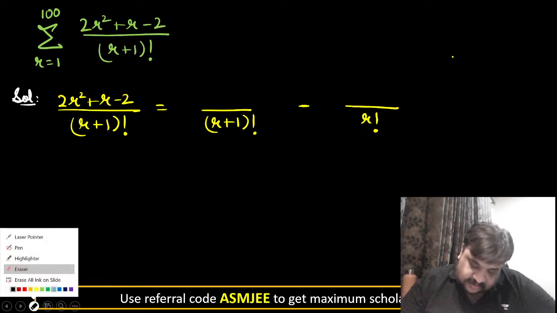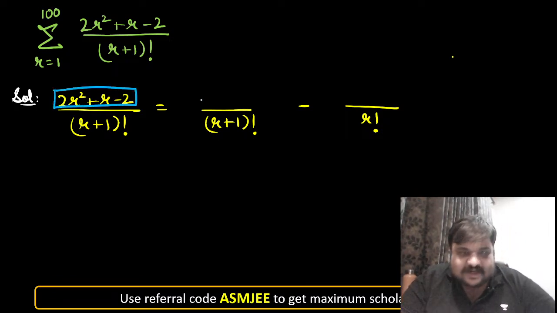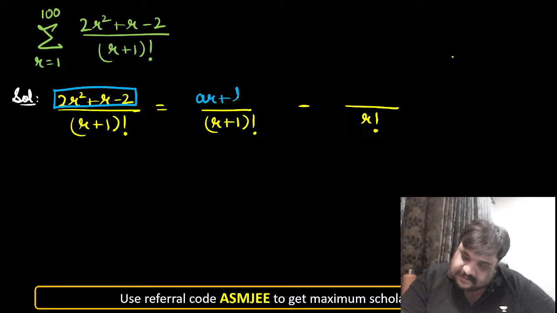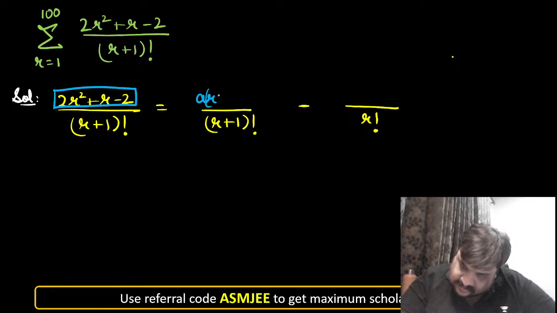So constant is not good. Great. So let's take a linear then. AR plus B. Rather take it as A into R plus 1 plus B, and the other AR plus B.